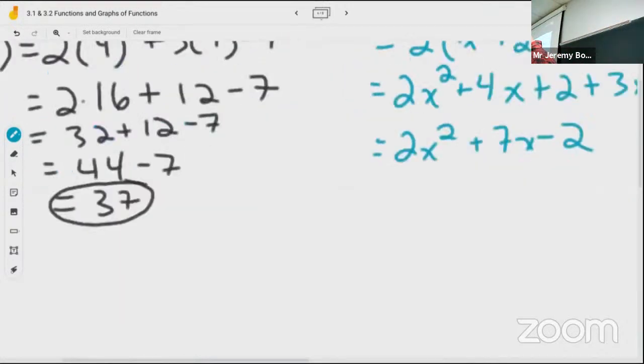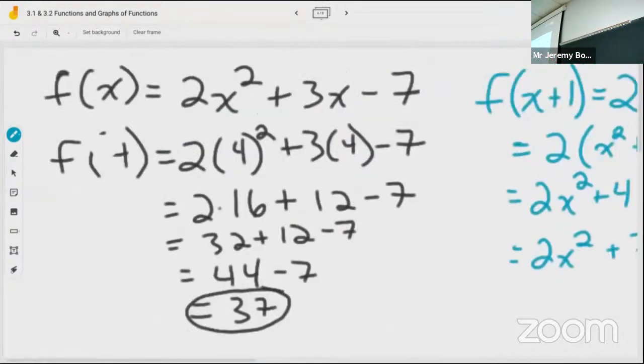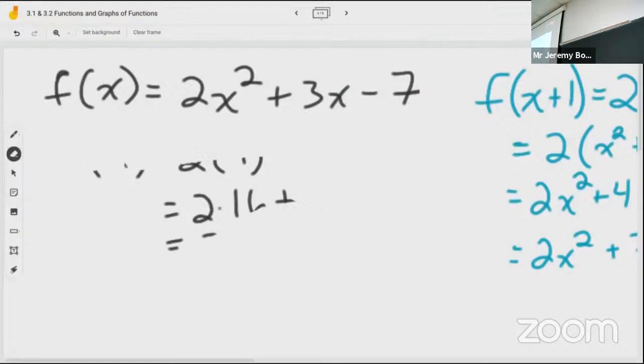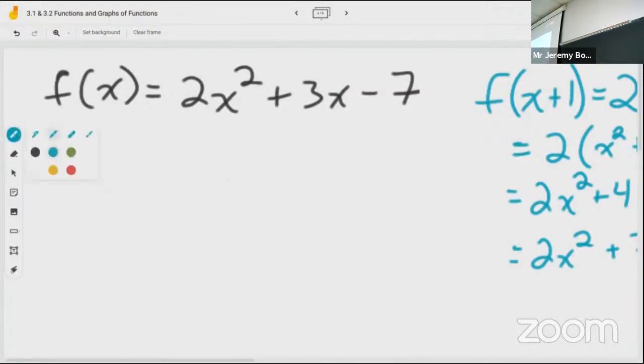Let's try another one. We'll keep working with the same function. All right, what if we want to find 4 times f of x?